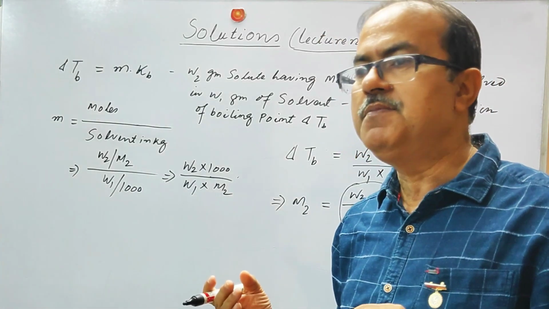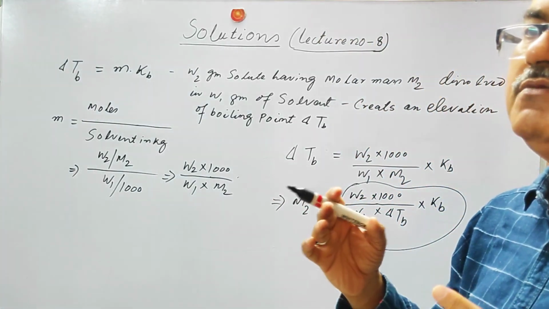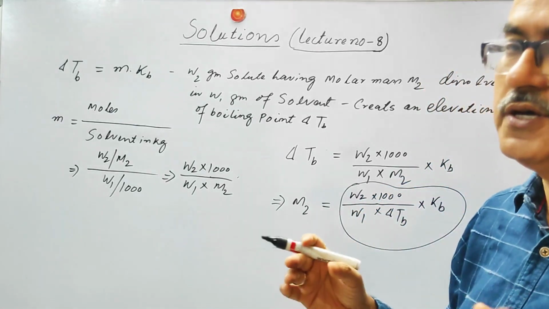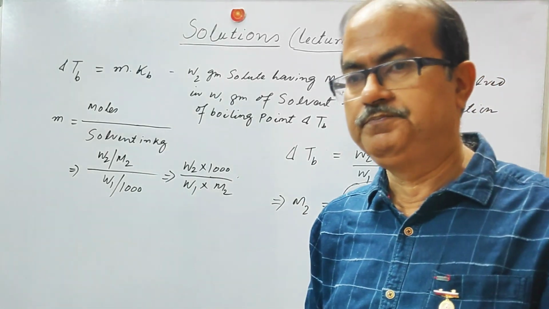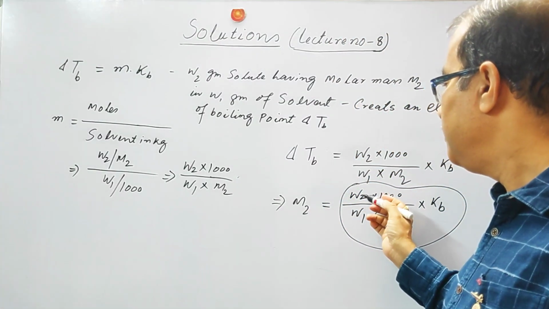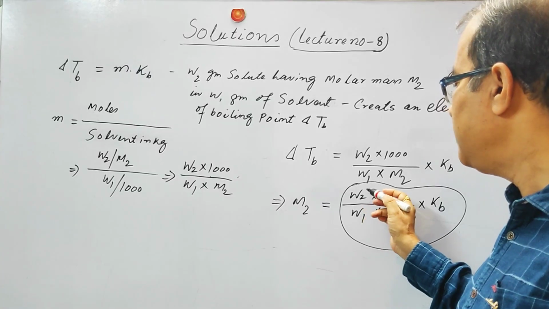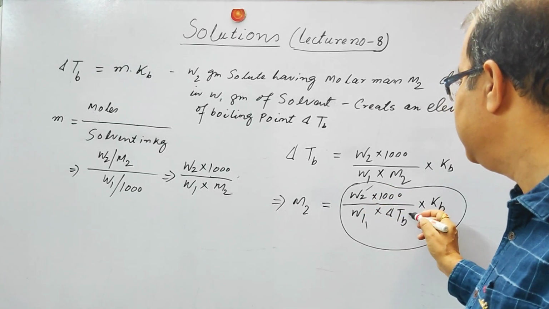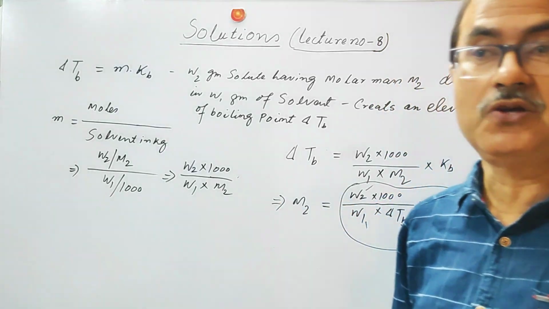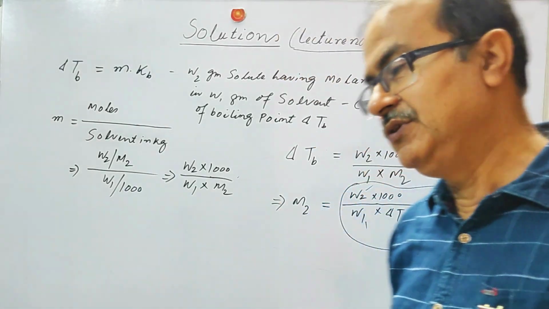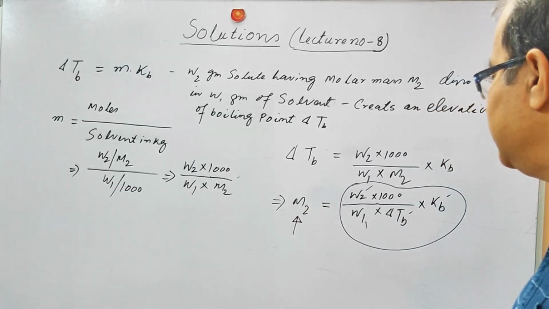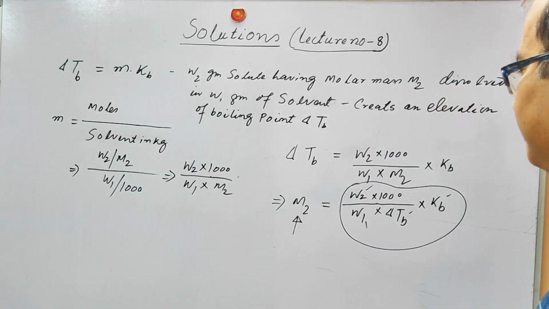By making a simple experiment and knowing the elevation of the boiling point due to the inclusion of this solute, whose molar mass we do not know, and if we know all these values, that is W2, W1, delta Tb and Kb, we can calculate the molar mass of the solute, M2.